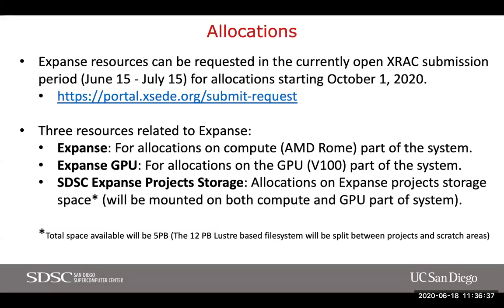The Scratch area will be larger to allow for larger writes during a simulation, but it will be actively purged based on a policy. Overall, this roughly doubles what we made available on Comet for project space, which is in line with the doubled compute capacity.